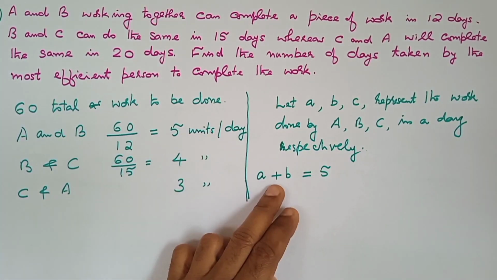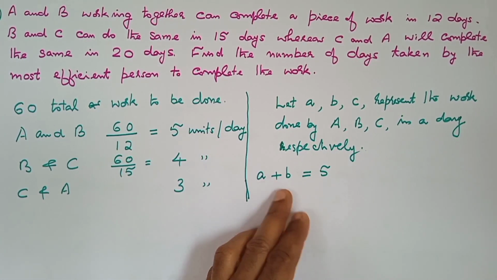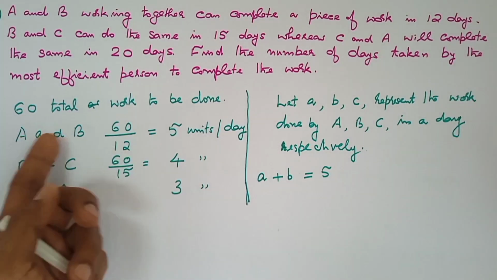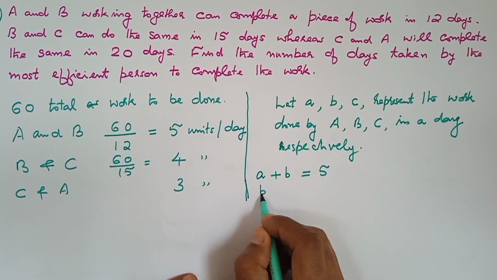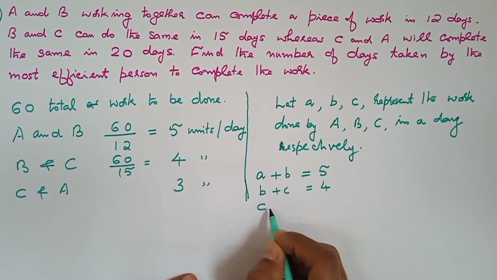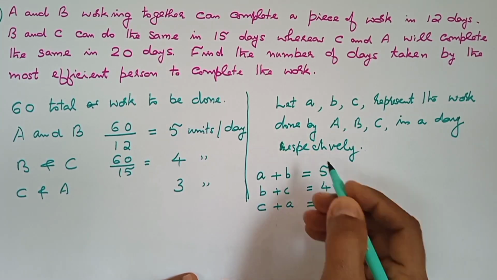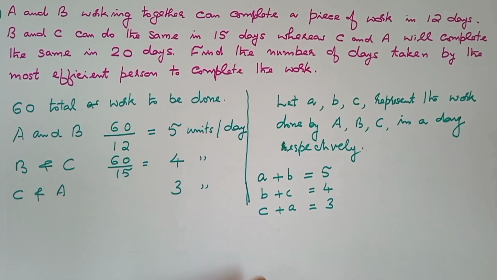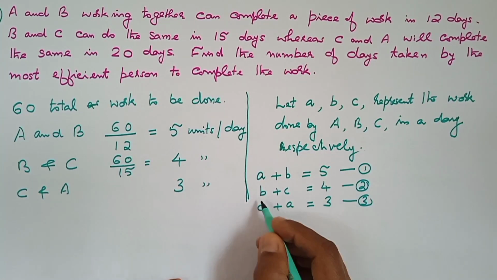So we can write A plus B as 5, because both represent the total efficiency of A and B. Similarly, B plus C will be 4 and C plus A will be 3. You got 3 simple equations. Solving them, you can find A, B, C.